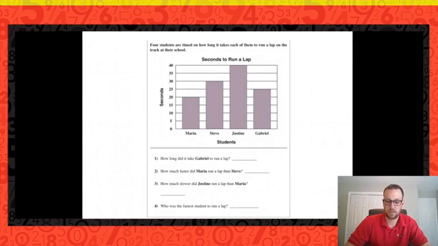So now we're going to talk about a different type of chart. So no key here, but we can see that we have our title up at the top that tells us seconds to run a lap. So that's what we're measuring.